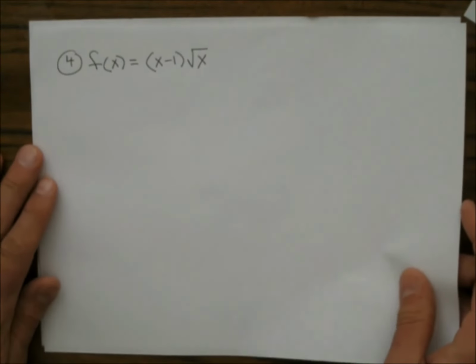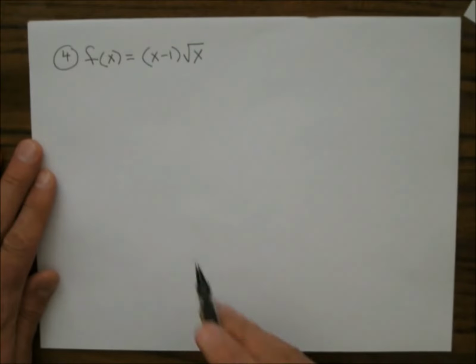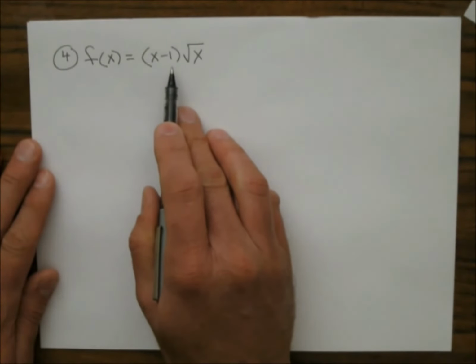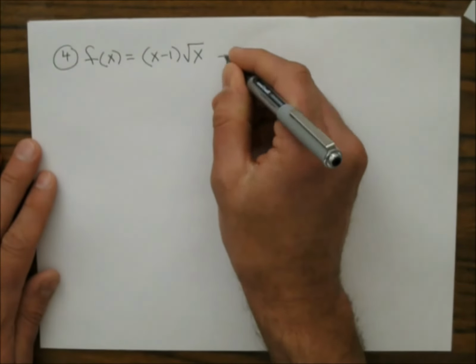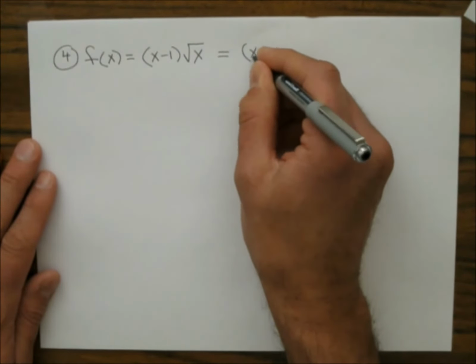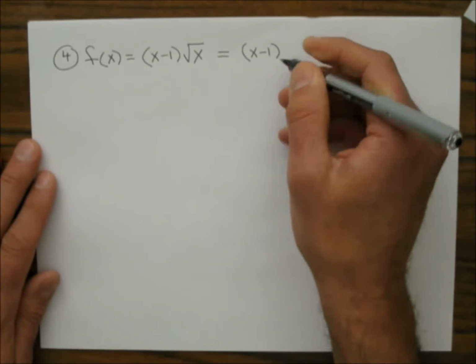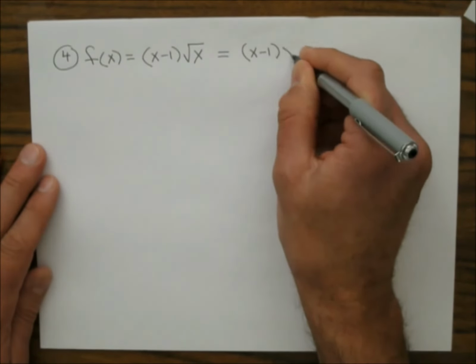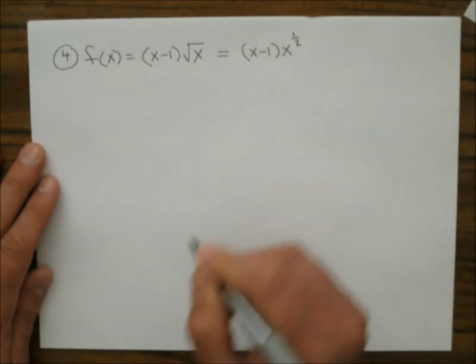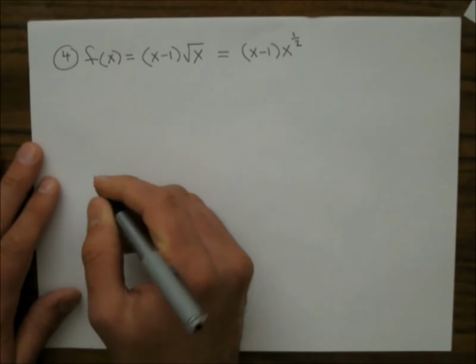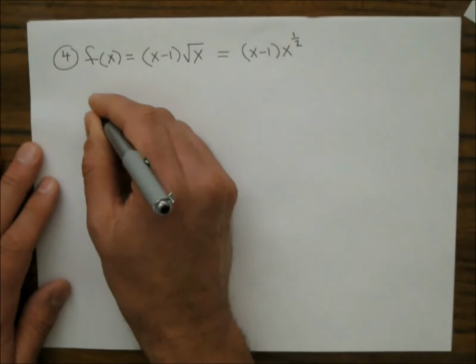Okay. Let's go ahead and do another example. This example right here is f of x equals x minus 1 times the square root of x. So really we want to write this as x minus 1 times x to the 1/2 power. I'm going to go ahead and do the product rule.